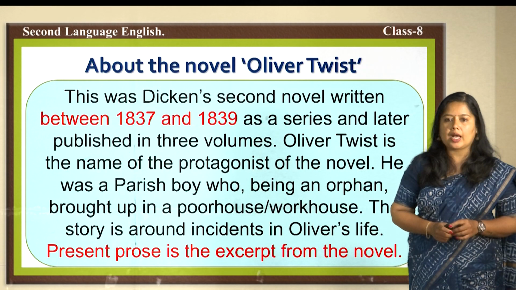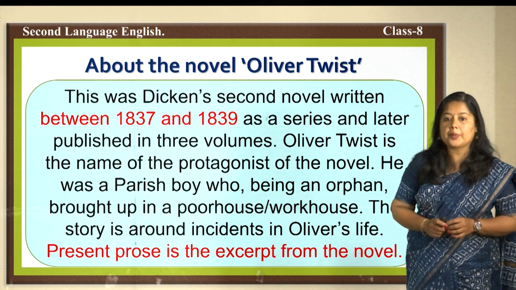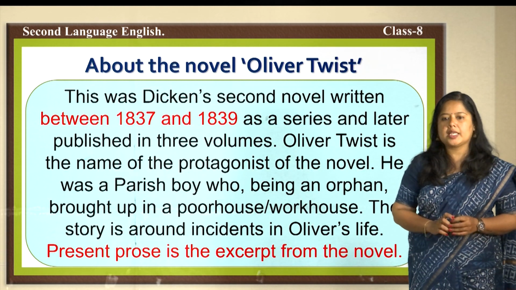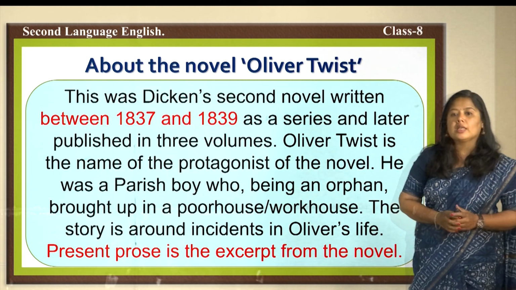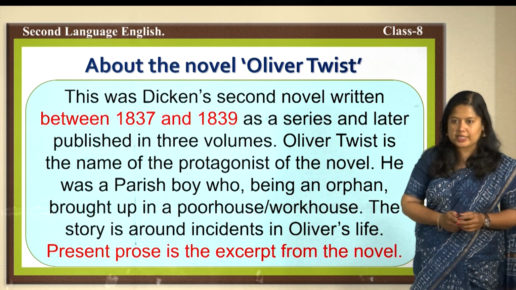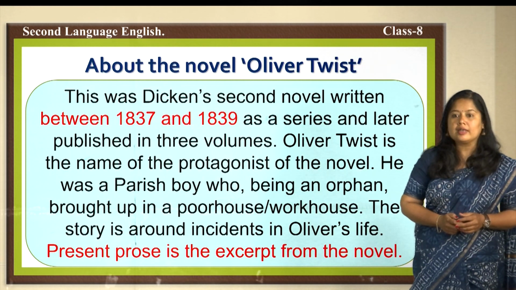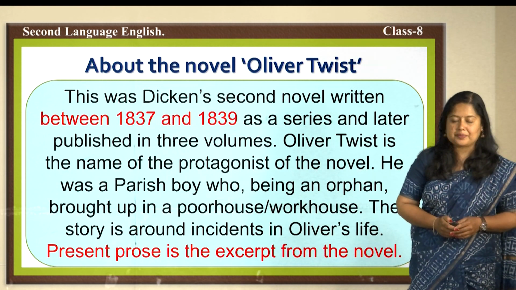The story is around incidents in Oliver's life, and the present prose is an excerpt from the novel. Kids, it is the story about a boy called Oliver Twist and his life. How does it run and what are the consequences that he faces?